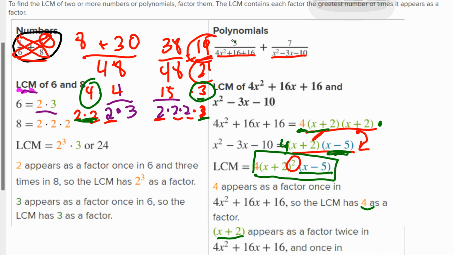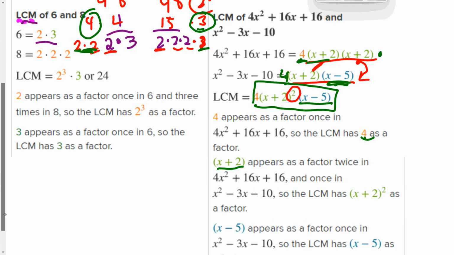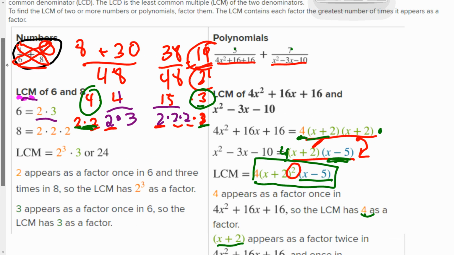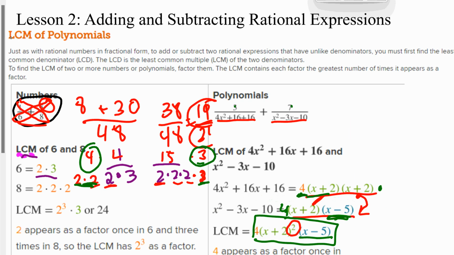So that 3 is going to get multiplied by 4 and by an x plus 2. And then this 7 just needs an x minus 5. And that's what it says right here: the one to the right needs to multiply by x minus 5. And then you can combine like terms. So that's kind of the idea behind adding and subtracting rational functions.